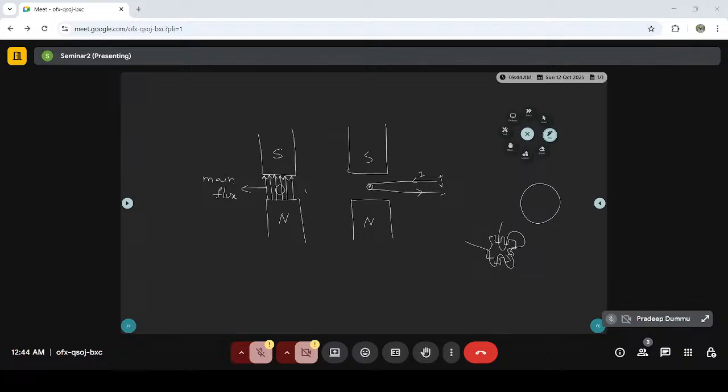Now we have to apply the voltage. When the voltage is applied, current will flow. Right. This is called an armature.